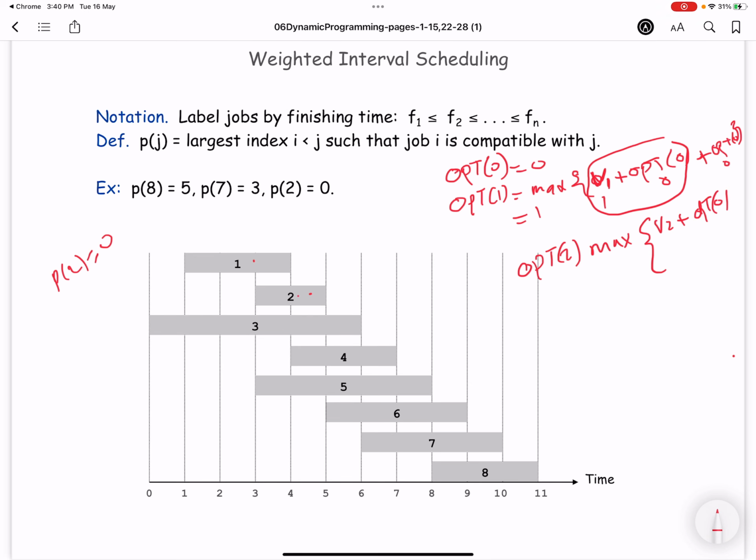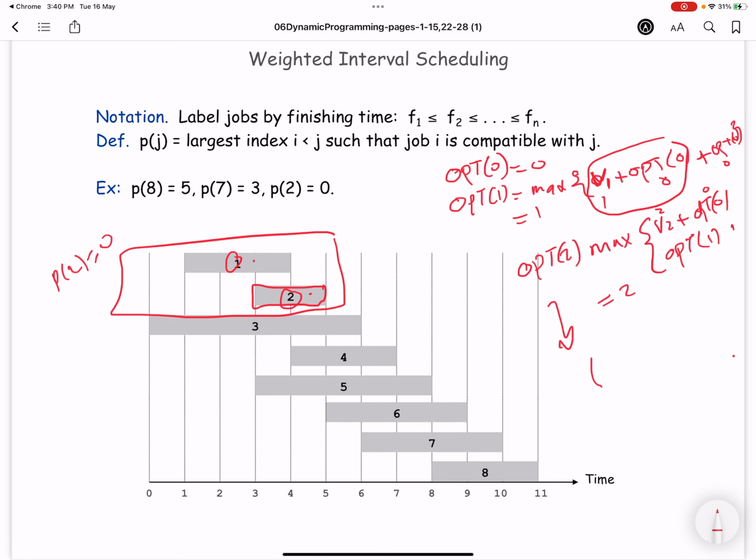Or we decide not to take it, then it's opt 1. So opt 1 is 1, v2 is 2, opt 0 is 0. Which one is better, 2 plus 0 or 1? For sure it's 2 plus 0, so opt 2 is 2. This means that the optimal for these two jobs is to choose this one, and then you will get a value of 2. Otherwise you will get a value of 1.